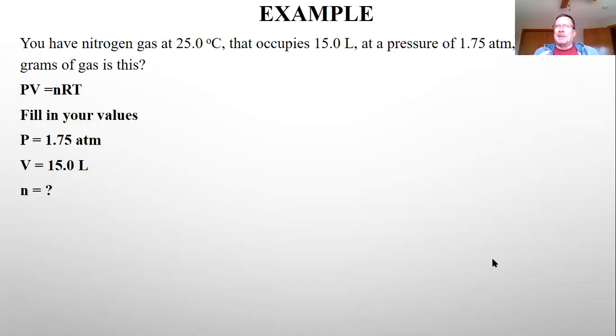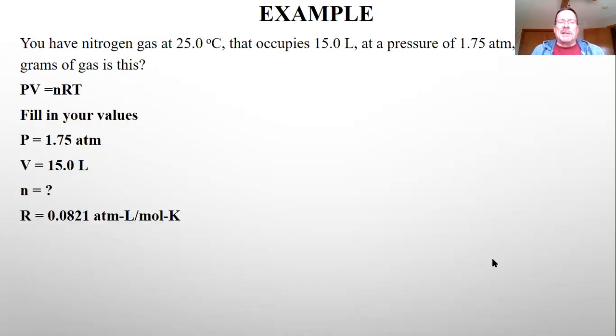So anytime it talks about grams, you've got to change grams to moles, or if you find the moles, turn it to grams. Anything involving grams involves moles. Honestly, the biggest error in these problems is people solve for n, forget that it's moles, don't convert it, leave it there and call that grams, and then they're wrong.